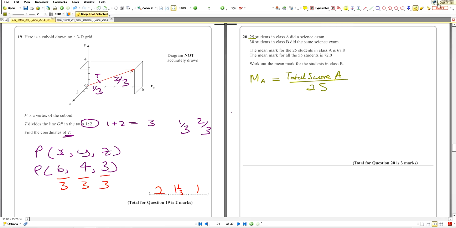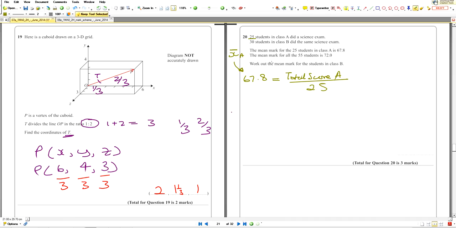So let's rub out the MA and put 67.8 instead, and we can put a little arrow here and say this is the mean. The symbol for mean normally is like this. Mean of class A is that. So the mean of that class is where the number came from: the total score divided by the number of students.